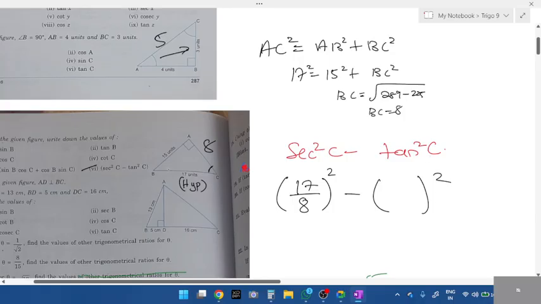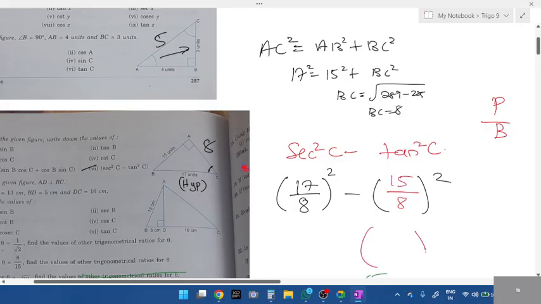Okay. See, Ellen, you shouldn't take hypotenuse as fixed, and you shouldn't take perpendicular and base as fixed values. They always vary according to the angle. Tell me for C, which is perpendicular, what is the tan formula first? For C, which is perpendicular, opposite, 15 by 8.